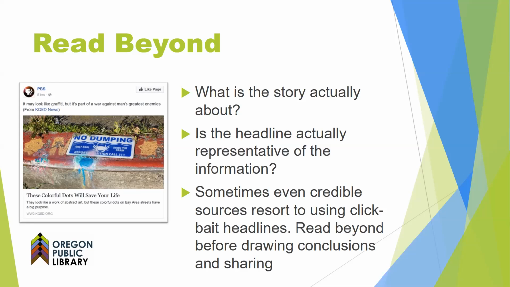In this case, this is an article that was from PBS and from a reliable, credible news source, but they were using a clickbait headline to drive up clicks to this article. It's actually a pretty interesting article. In San Francisco, it's some guy's job to go around and kill mosquitoes in the area. And when he's treated that area, he does a spray paint dot.